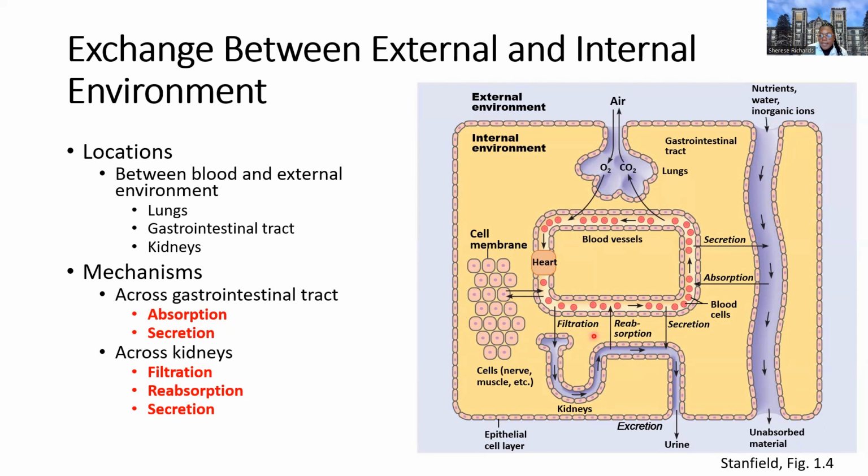And then we can also fine-tune that filtrate further by secreting substances that were not initially filtered. And that is going to be called secretion. So both filtration and secretion are moving fluid and substances from our blood vessels into the urinary tract. And then reabsorption is movement in the opposite direction in order to reclaim those filtered substances.